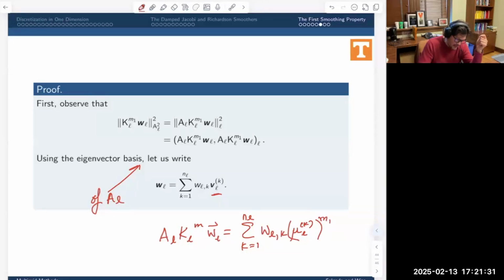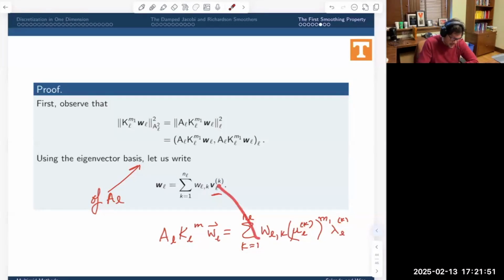And then I also have the eigenvalues from the stiffness matrix. What do we call those? We called those lambda L K. And this is not a power here. This is an index, and you can see that because I'm using the parentheses.